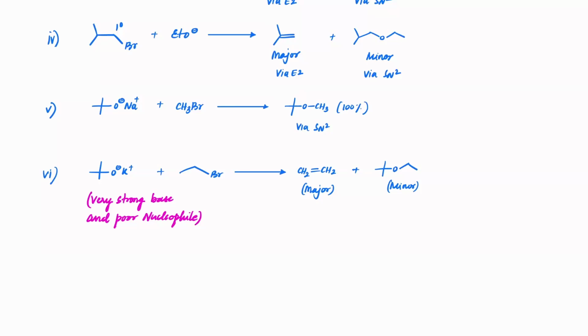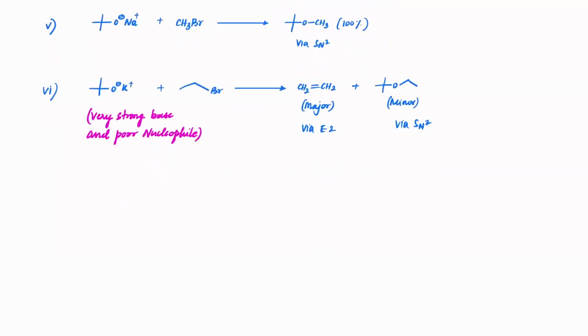As a nucleophile, because of its bulkiness, it's weaker, but it is a very strong base. Hence, it will always offer more elimination than substitution. Correct? So this happens to go via E2 elimination, and this will happen via the SN2 product.